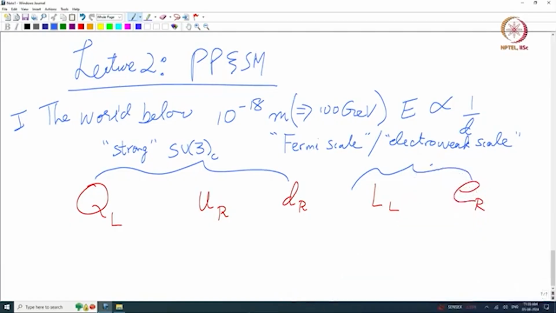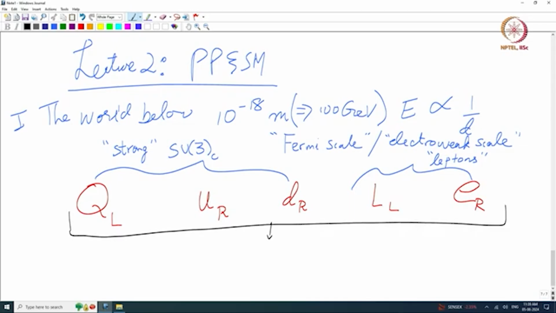So, I will just call them by their colloquial name leptons, but more importantly they all transform under yet another symmetry group in some way or the other, and that group is an SU2.